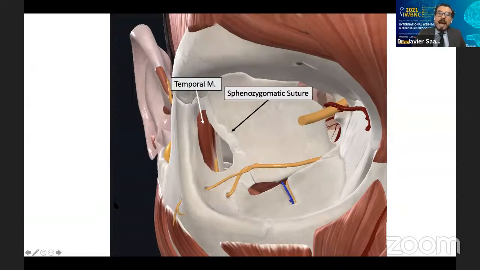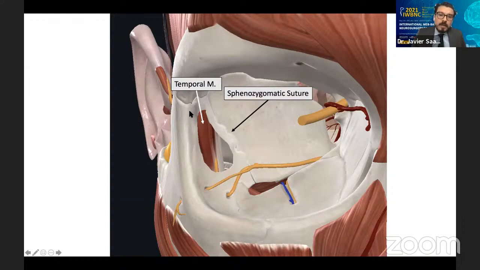Okay, now let's go lateral. Once we have dissected medial and superior and lateral, we're going to have to go even more lateral. So this is the zygomatic bone. And if you drill through it, you will get access to the temporal fossa.